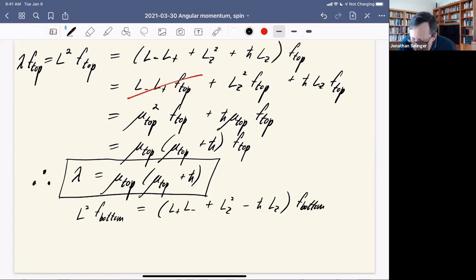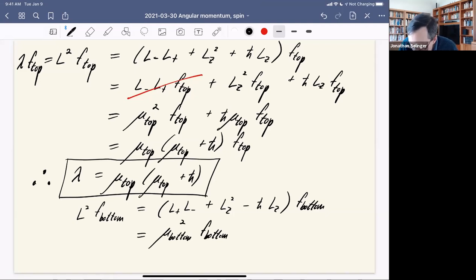If we expand all of this, the first term has an L minus acting on F bottom, that's 0. The second term has an LZ squared acting on F bottom, so that makes a mu bottom squared times F bottom.